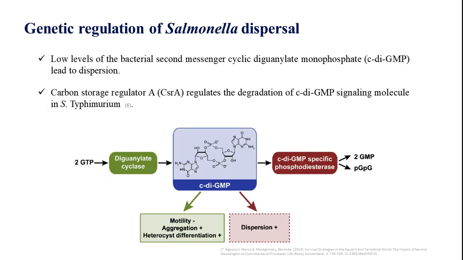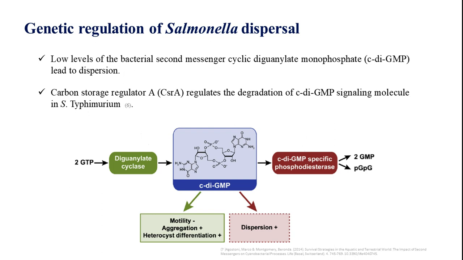The genetic regulation of Salmonella dispersal is not well studied. However, as in many biofilm-forming bacteria, low levels of the bacterial second messenger c-di-GMP lead to dispersion. This c-di-GMP is synthesized by diguanylate cyclases, and its high levels lead to biofilm formation. However, it is degraded by phosphodiesterases, and its low levels lead to dispersion.